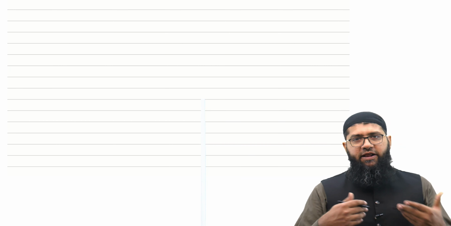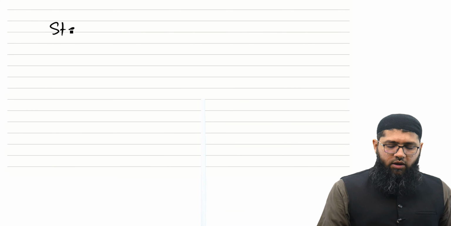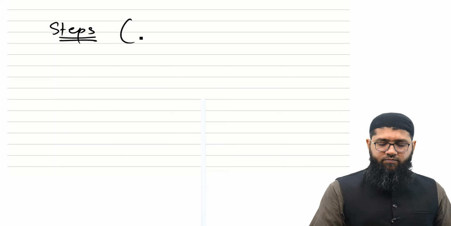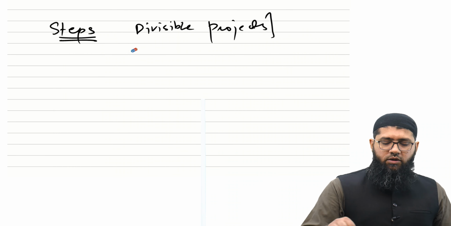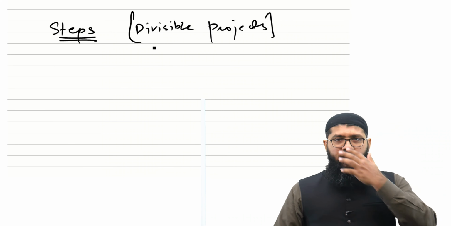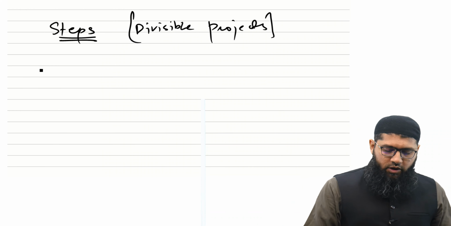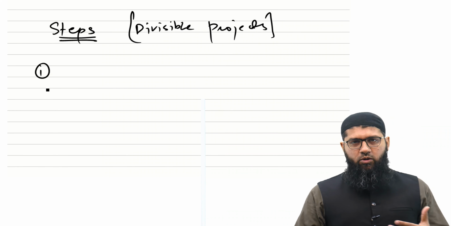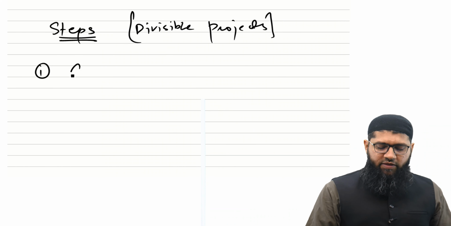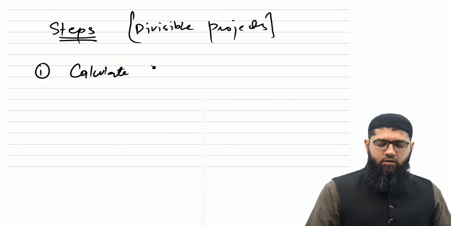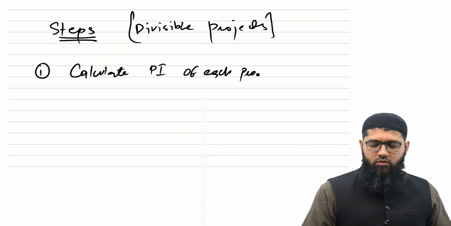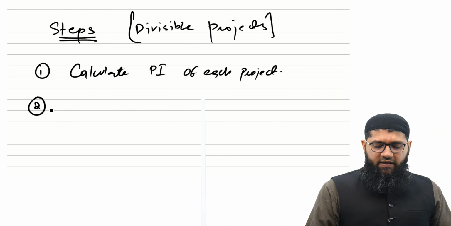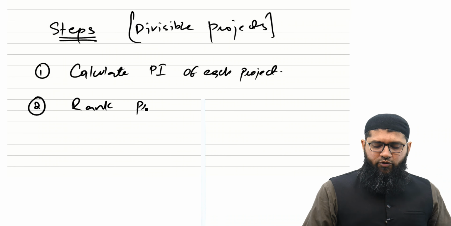Now let's move a bit forward and see how we actually go about it. There are certain steps that you need to follow if you are dealing with divisible projects. What are those steps? Step number one is to calculate the PI, the profitability index, of each project. The second step is to rank the projects.